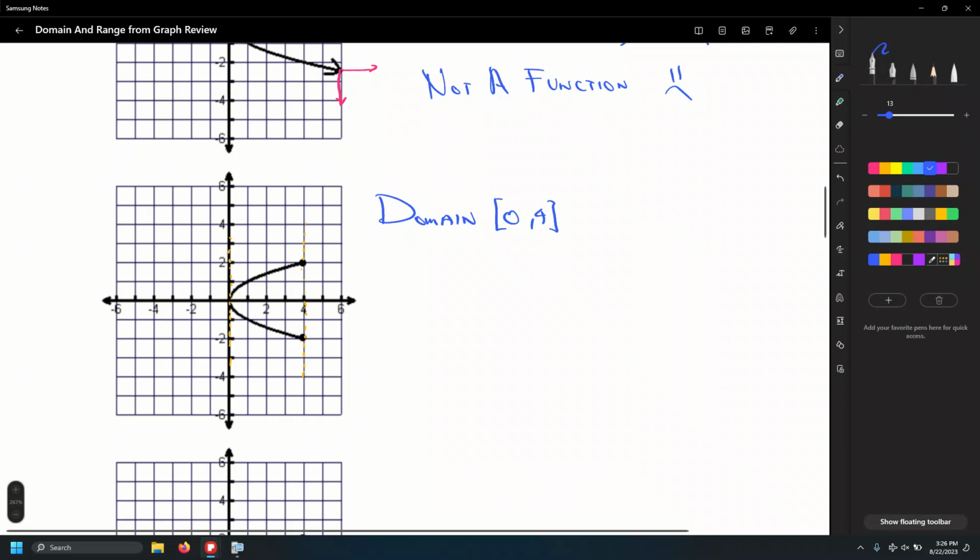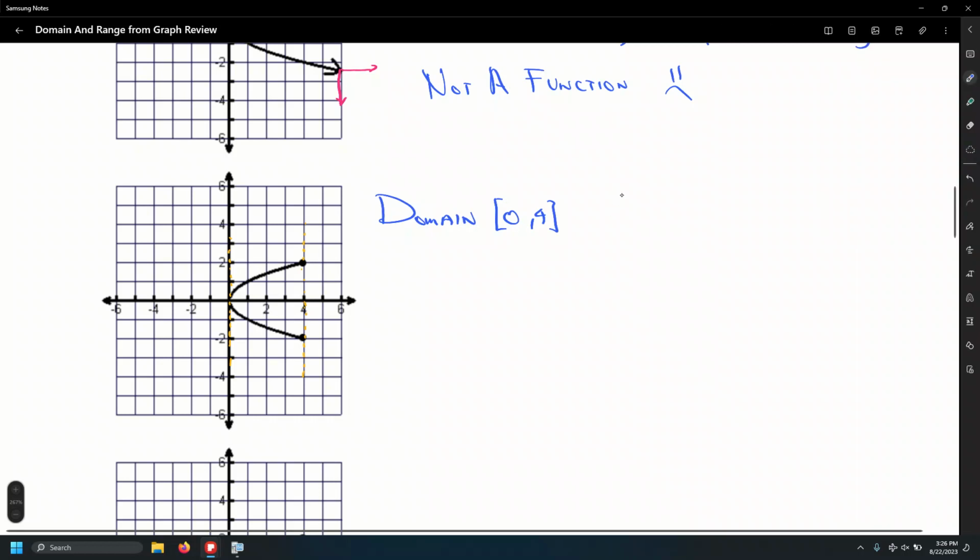In both cases, brackets, because we have solid points. The next exercise, you'll see how it's going to be different. So using set builder notation, x such that x is greater than or equal to 0, but also less than or equal to 4.